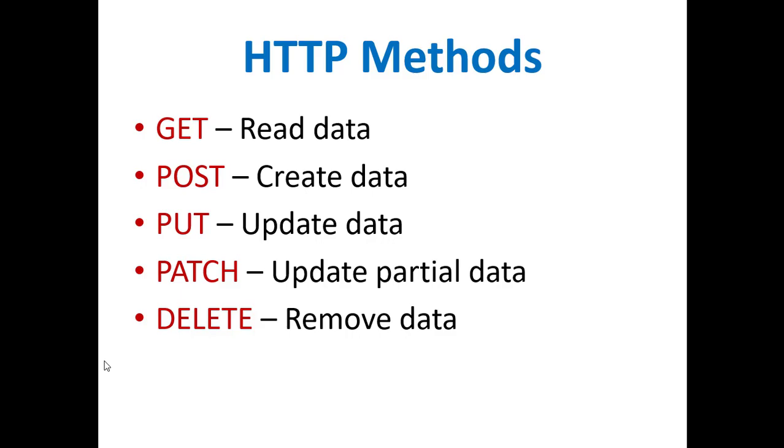So that is when you use the patch. While delete, from the name you can actually see that you just want to delete complete data, then you use the delete method. So these are the basic ideas. There are other HTTP methods, but these are the 5 general ones that are mostly used and that you come across as you go along in your web development journey or back-end journey, right?